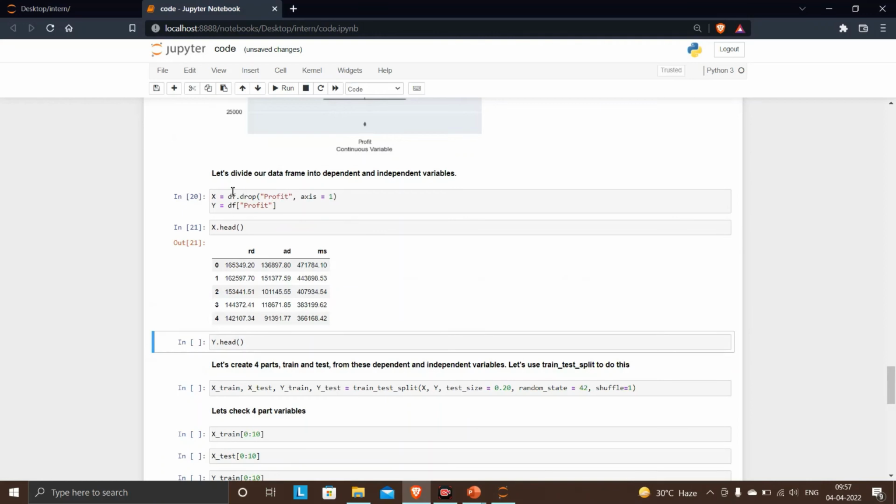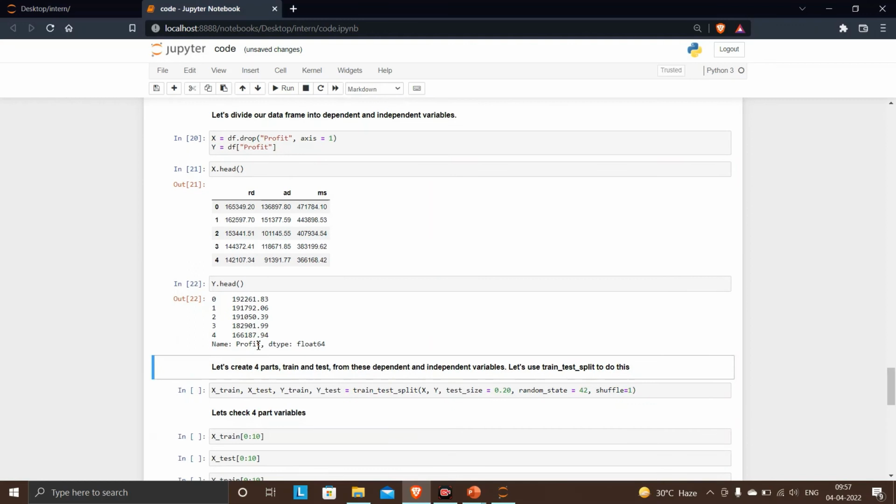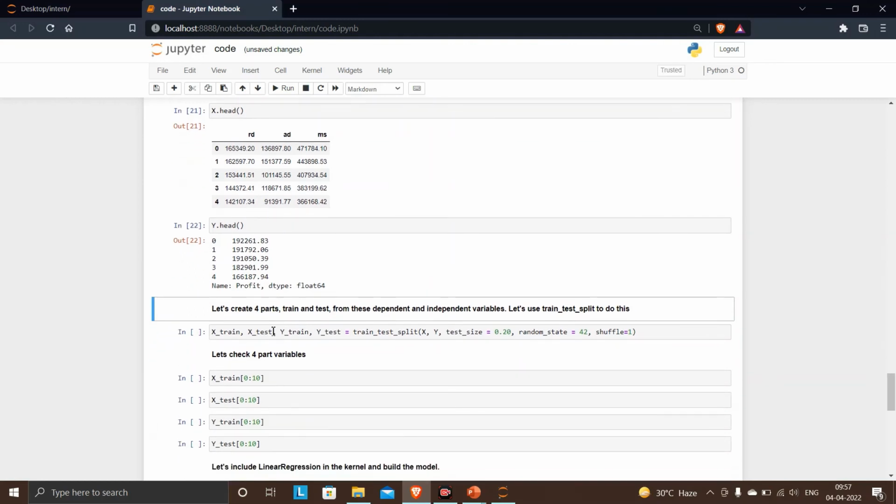I have made x and y variables, where x is the data frame that has all attributes except profit, and y is the data frame which has profit. For training I have used x_train, x_test, y_train, y_test with train_test_split, test size 0.20, random state 42, shuffle.